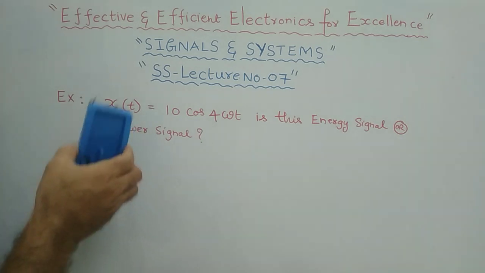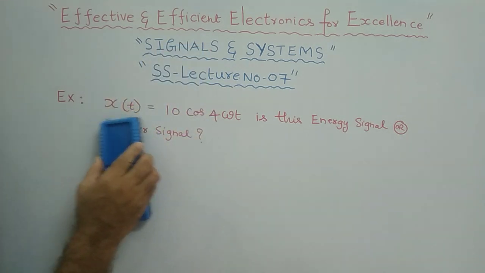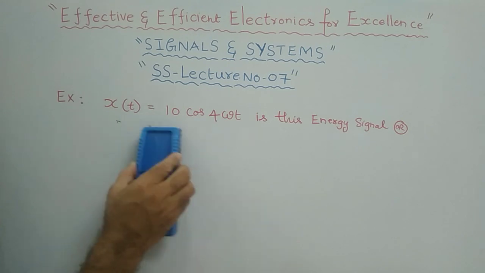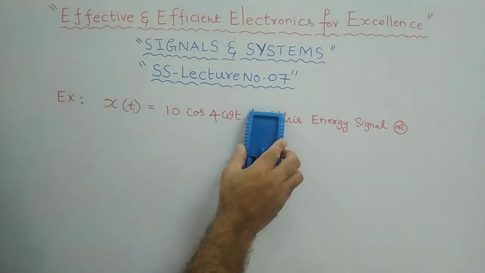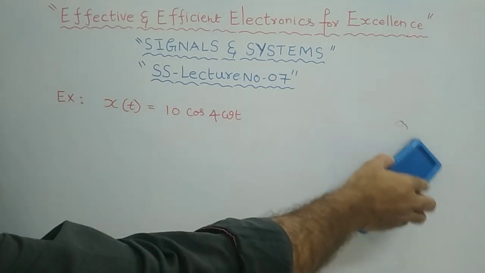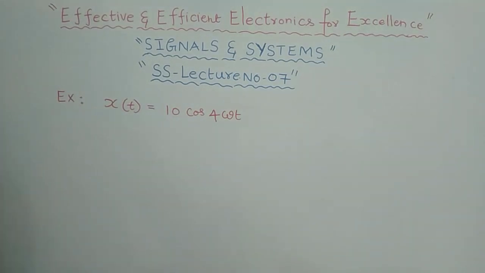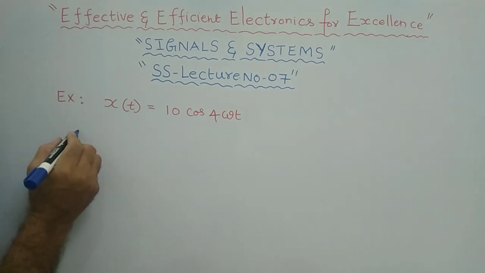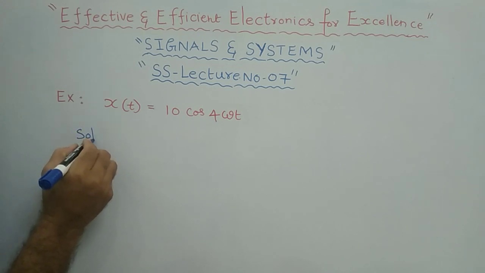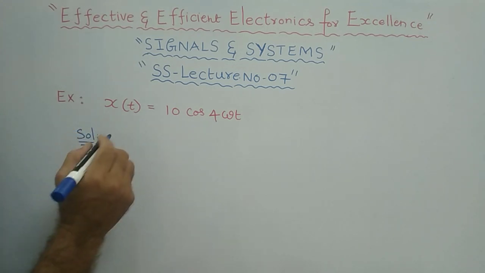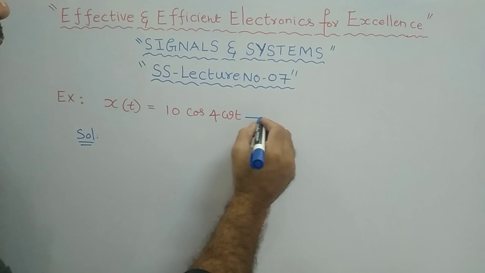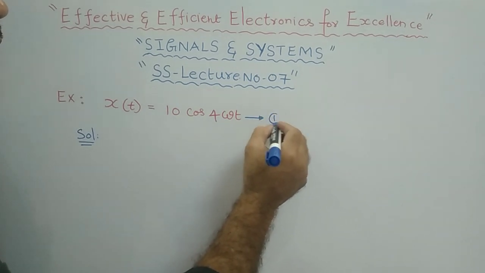Let us go into the solution. We know the important formulas for calculating the energy of the given signal as well as the power of the given signal. The given equation is equation number 1.